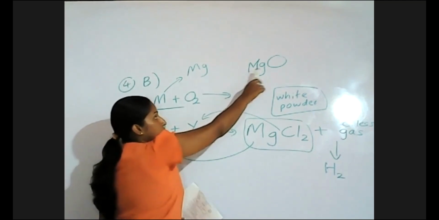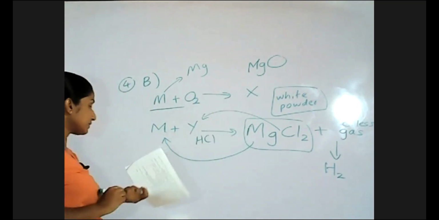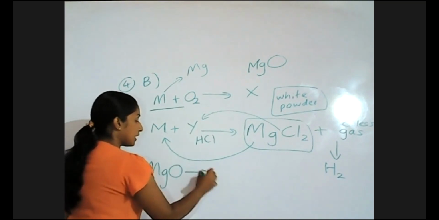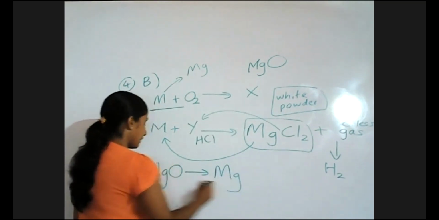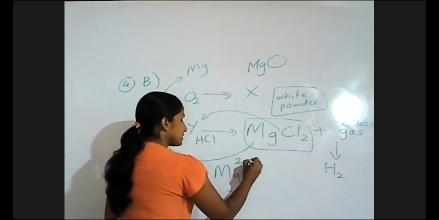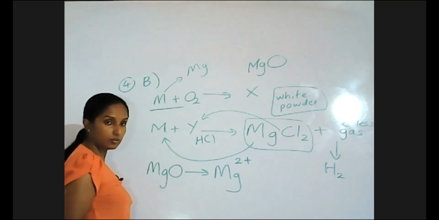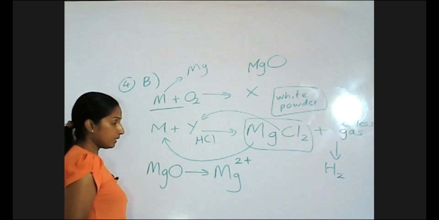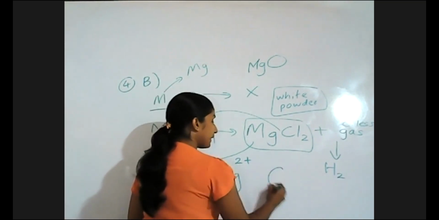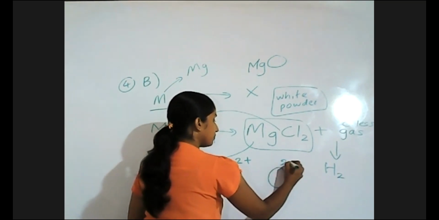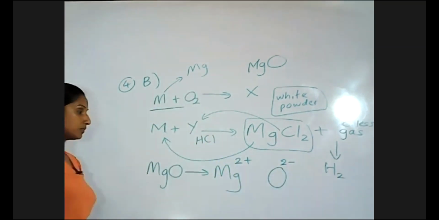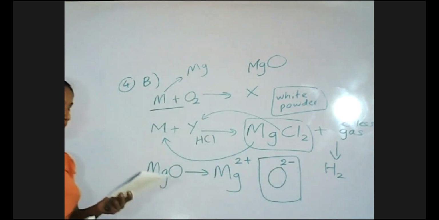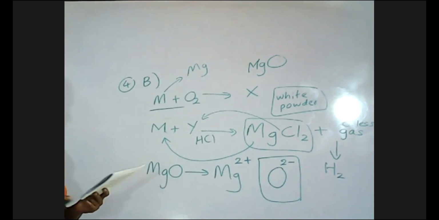In magnesium oxide, to form magnesium oxide, magnesium removes 2 electrons and forms the Mg2 plus ion, and oxygen obtains those 2 electrons and forms the O2 minus ion. So this is the other ion that forms here, O2 minus.